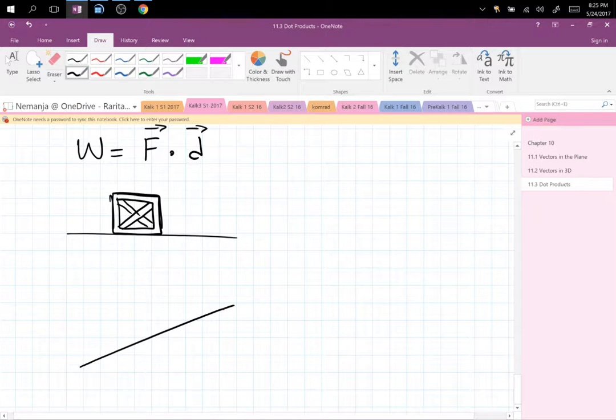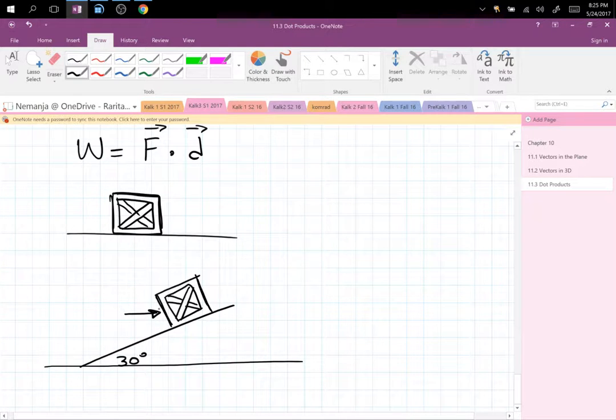But then if you are on the incline, let's say for some reason you are pushing something up a 30-degree slope, and you are applying the force like this, force F, you can see that the distance now is a vector that goes up at 30 degrees.